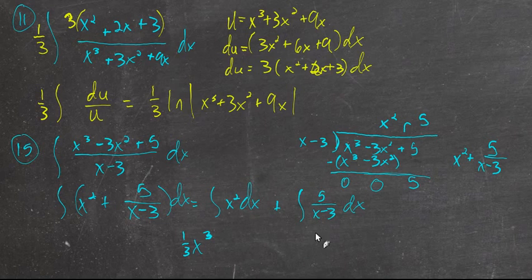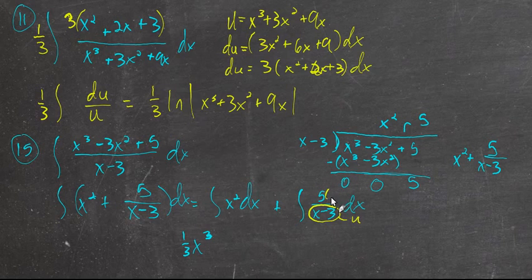This here, we should be in the habit of thinking that this is u. And the derivative of u would just be dx. It would just be 1, right? The derivative of x is 1. 1 times dx. So what we have here is 5 times 1 dx.